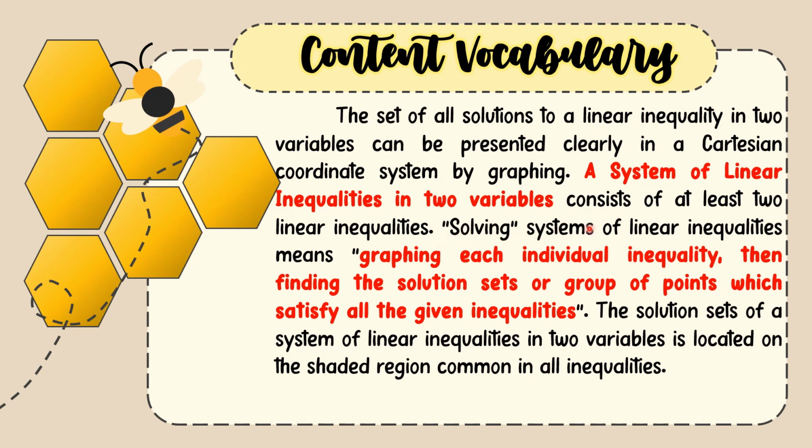Solving systems of linear inequalities means graphing each individual inequality, then finding the solution sets or group of points which satisfy all the given inequalities. The solution set of a system of linear inequalities in two variables is located on the shaded region common in all inequalities.